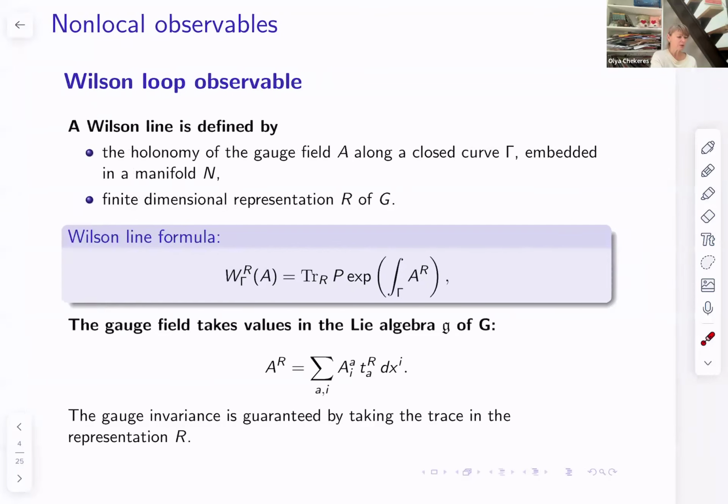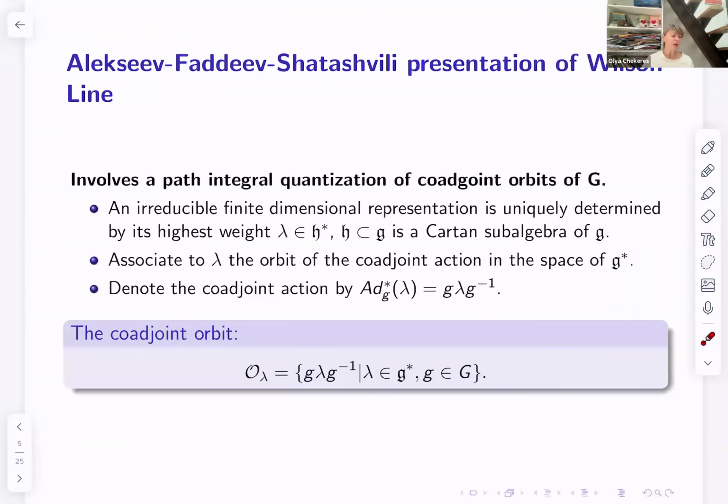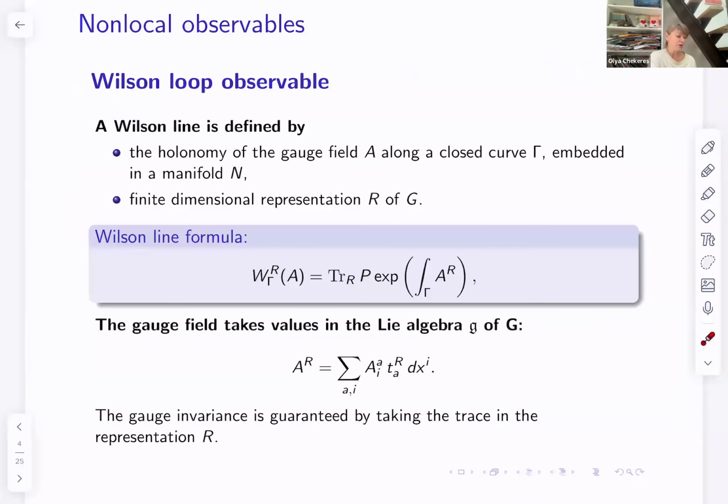So there was some work done by Alexey Fadeev and Chetashvili, where this formula was rewritten in a different way. If you look at this formula, you might notice a striking resemblance to the partition function formula for some quantum one-dimensional theory.